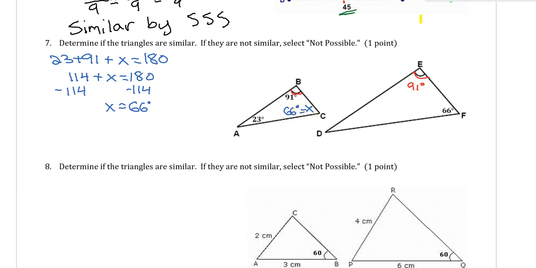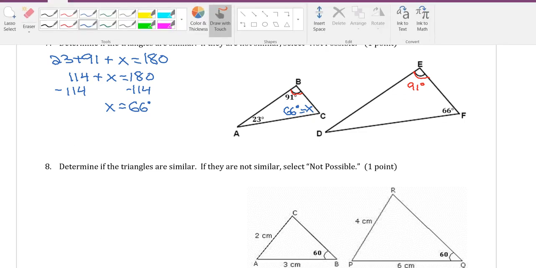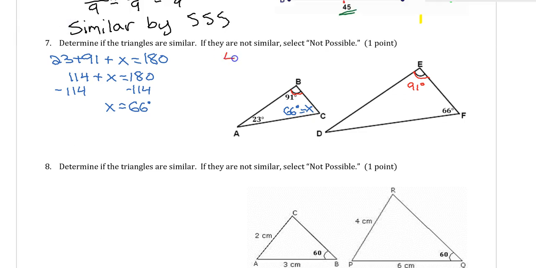Okay, so that C is 66 degrees, and that looks great because then I can say angle B is congruent to angle E, and angle C is congruent to angle F, right? 66 and 66. So there are my two angles.